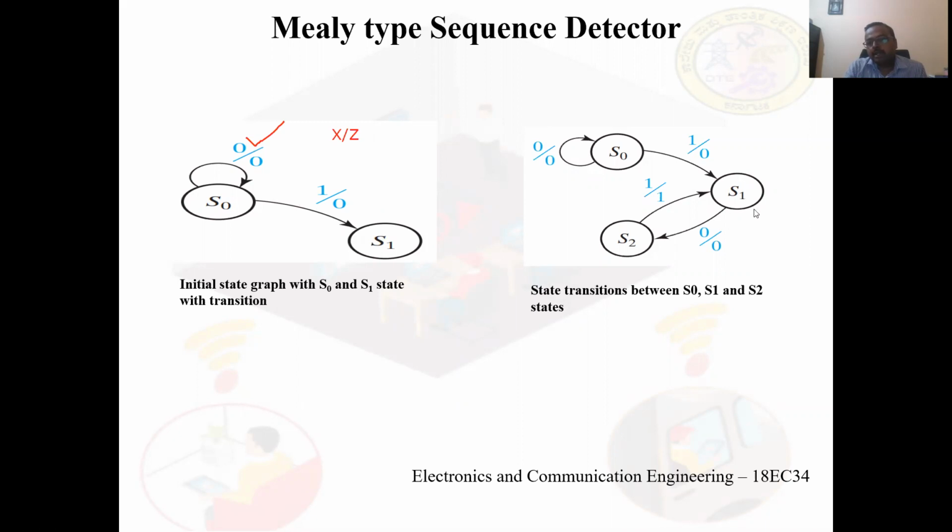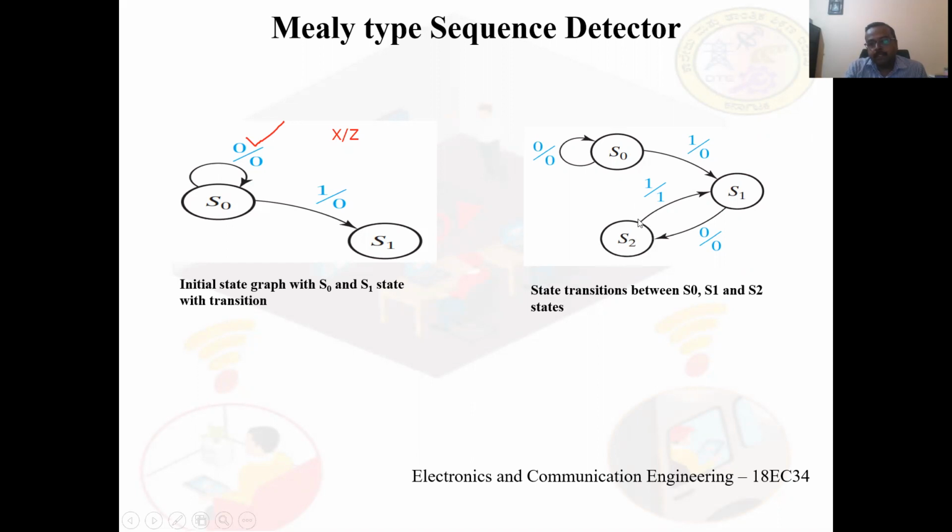So when the circuit is in state S1 and the input received is 0, it will go to the new state S2 instead of the reset state, because the required sequence is 1 0 1, and we have received the first two inputs 1 and 0 here.